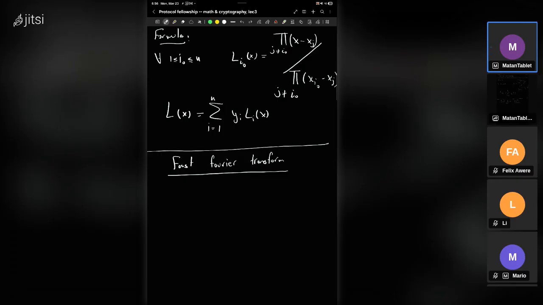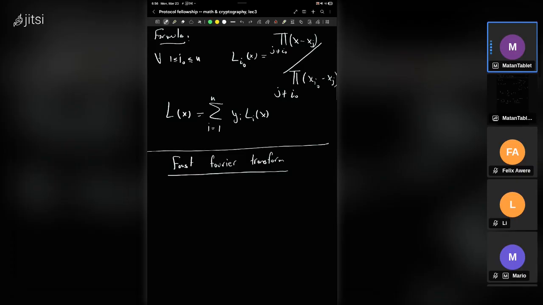Are there any questions about these two things, about a group of n roots of unity? Yes, so there are other methods to interpolate apart from Lagrange. Lagrange is particularly useful in cryptographic applications, but it's by far not the only one.